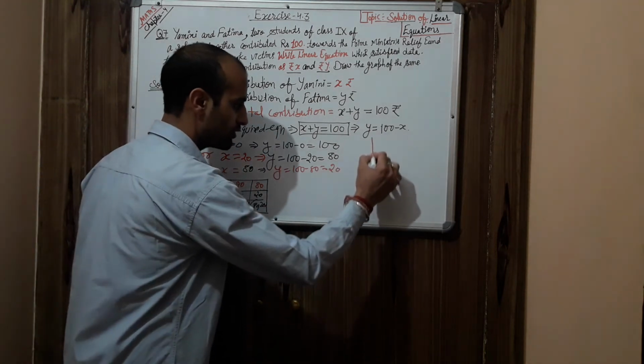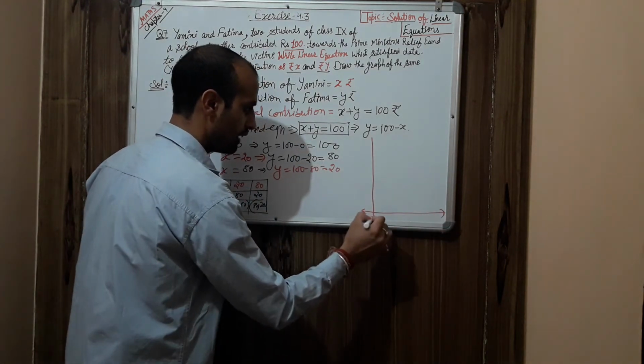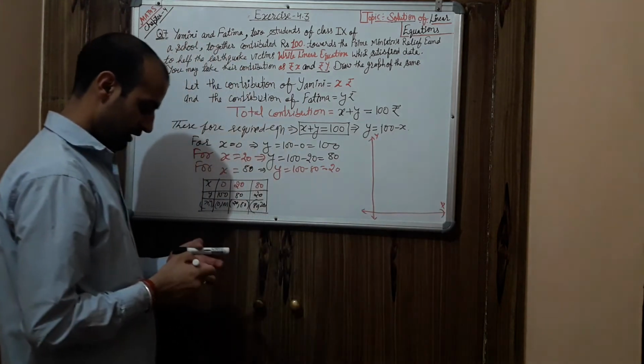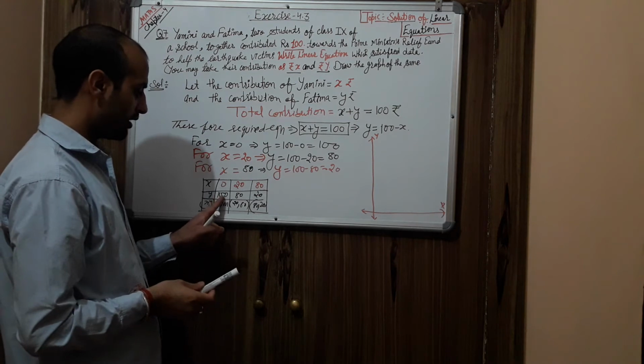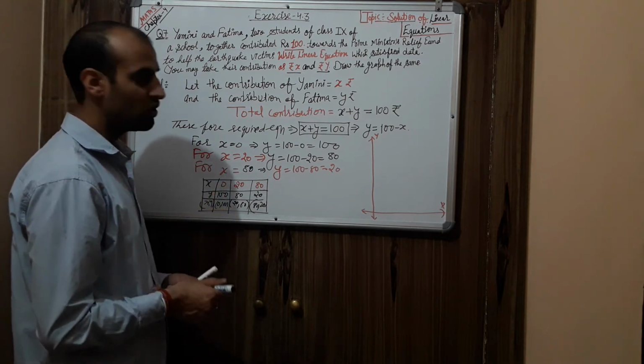Here I want to tell you, my dear student, how to draw a graph. As you all know, this is the y-axis, this is the x-axis. What is the maximum number here? 100. Minimum 0. That means I need to divide this up to 100.